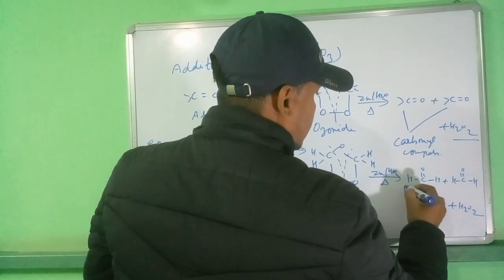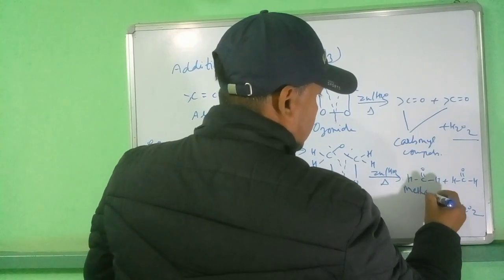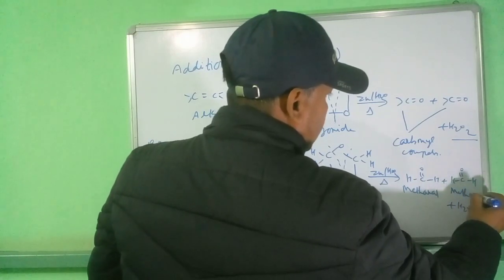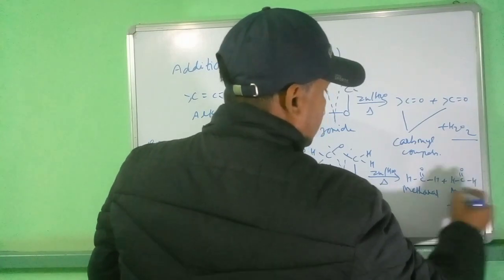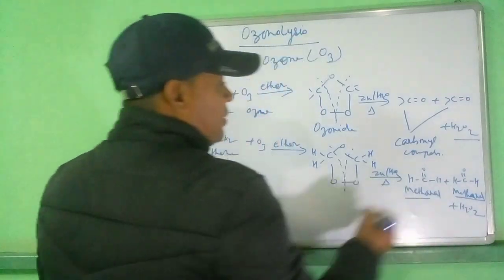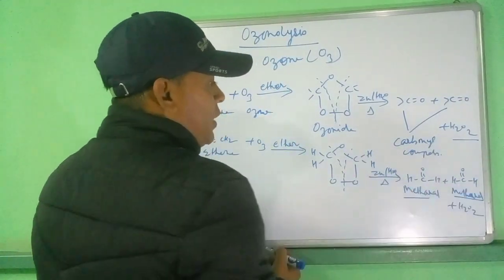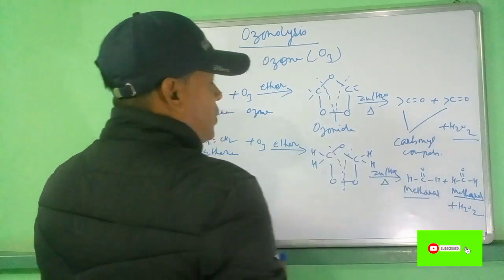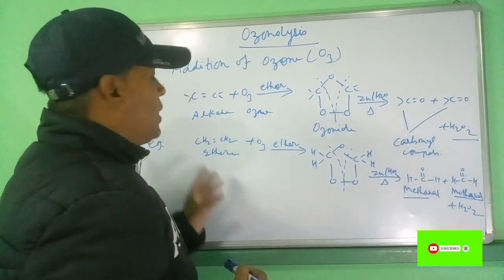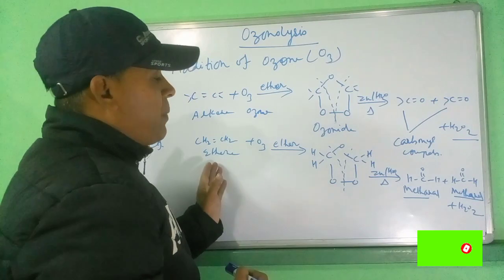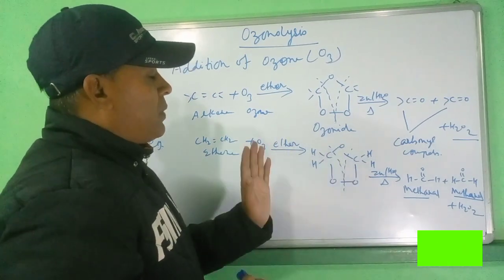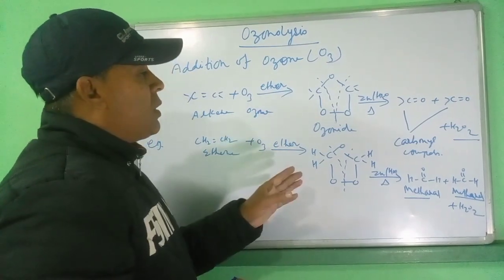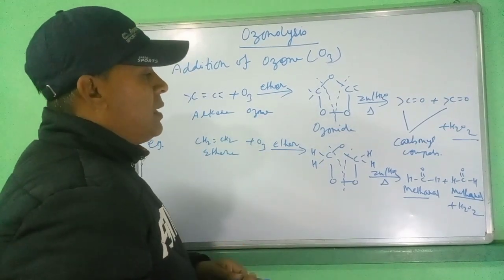This is methanal, again methanal, two molecules of aldehyde. Methanal means formaldehyde. Two molecules of the aldehyde are obtained and hydrogen peroxide. In this condition, only aldehyde is obtained. The carbonyl compound can sometimes be only aldehyde, sometimes only ketone, or sometimes a mixture of aldehyde and ketone.